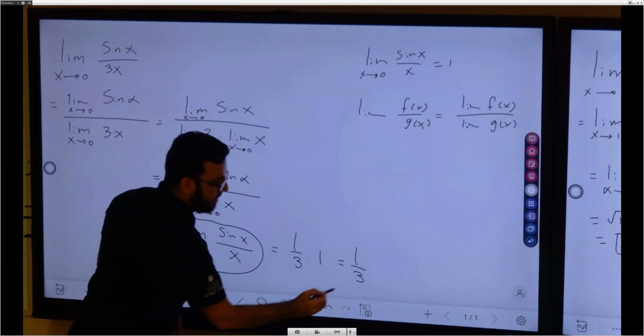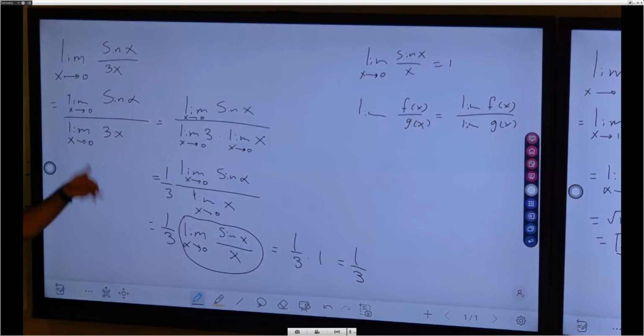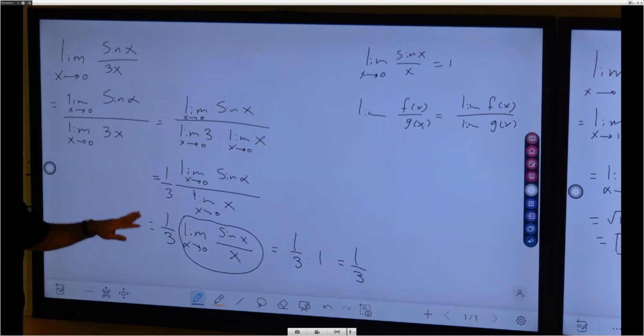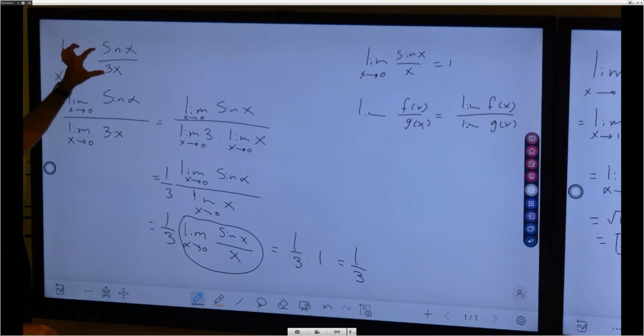1/3. But you're not going to do all these steps. I'm just telling you, I'm using the same rules. So we're going back to the first step. Every time you see this, you're going to say, I'm just going to take the 1/3 out and put the limit for the rest.